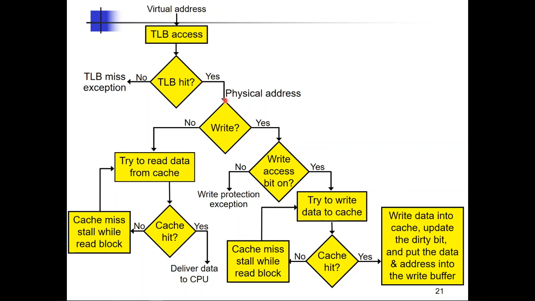Next, when we are trying to access the memory, we could be interested in reading the memory or writing the memory. So the next step is to check whether we write or not. If we are writing, we check whether the write access bit is on.